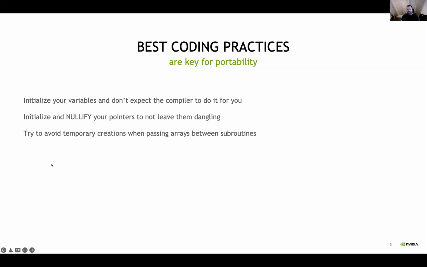And also something we found, especially when you're mixing different levels of Fortran standard, is that there can be situations where a temporary array is created transparently from the programmer's view when you pass an array between subroutines. That happens when a compiler can't know at compile time that the array is contiguous in both cases, because it might not have been before, but after it is, then you create a copy that is contiguous.